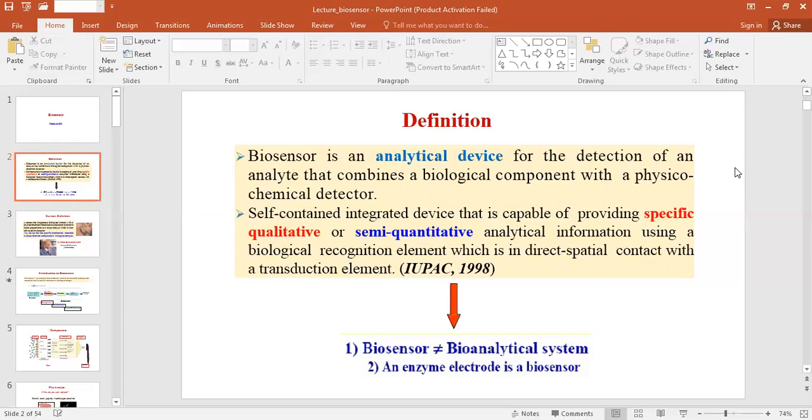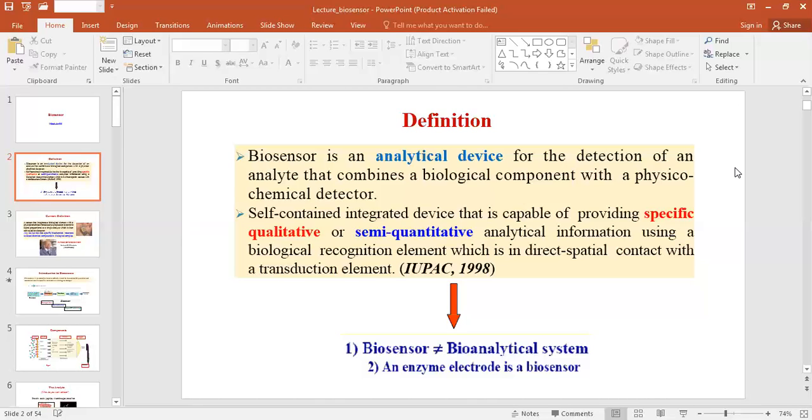When we compare with any other presently existing diagnostic tools or diagnostic devices, biosensors are advanced in the conditions of selectivity as well as sensitivity.